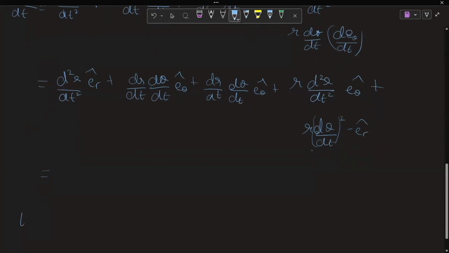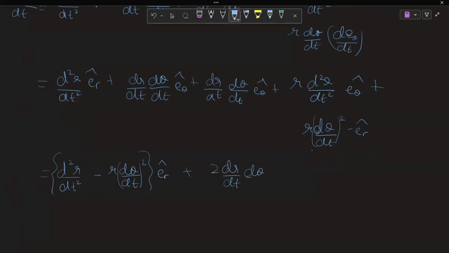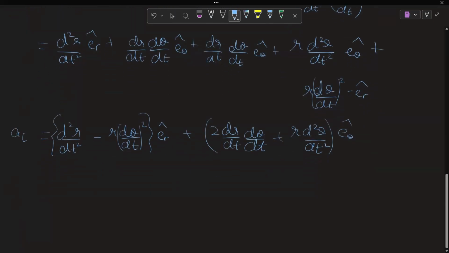Arranging it in component form, we get d2r by dt square minus r d theta by dt whole square er cap, plus 2 dr by dt d theta by dt plus r d2 theta by dt square e theta cap. This is a at any time t.